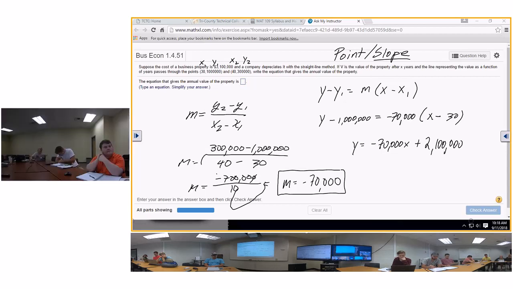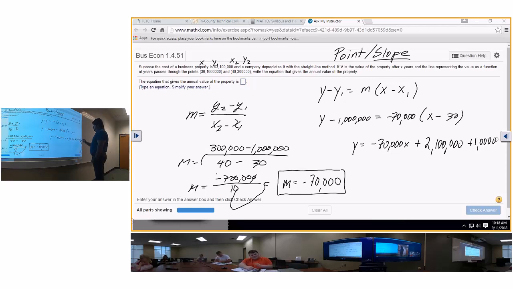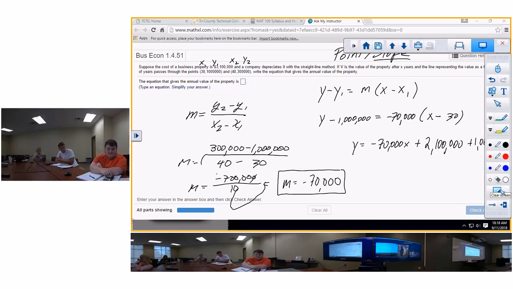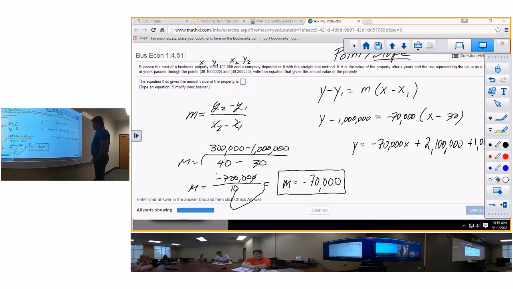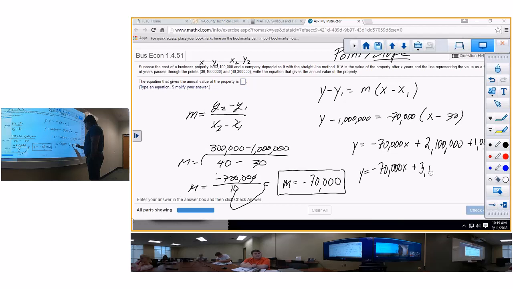And then I'm going to bring the positive 1 million over. So y is equal to negative 70,000x, and 2,100,000 plus 1 million is 3,100,000. I hope I did the math right.